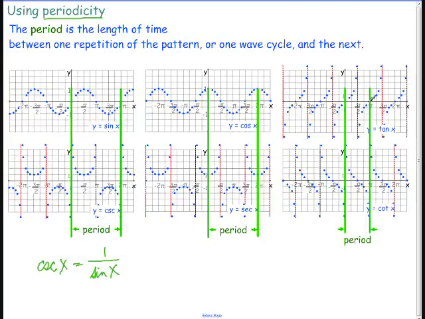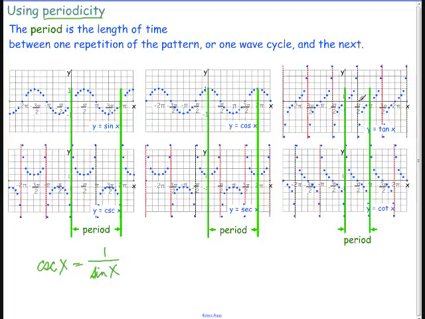We already talked in our preliminary here about tangent and cotangent. You notice every place that tangent is 0, or that function is 0, its reciprocal has an asymptote. Every place where a cotangent is 0, its reciprocal partner, tangent, has an asymptote.